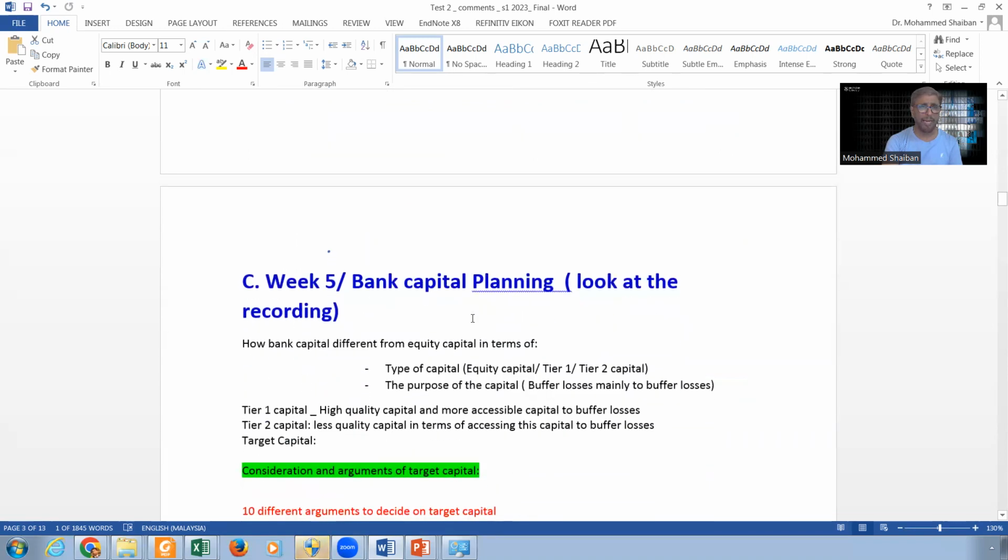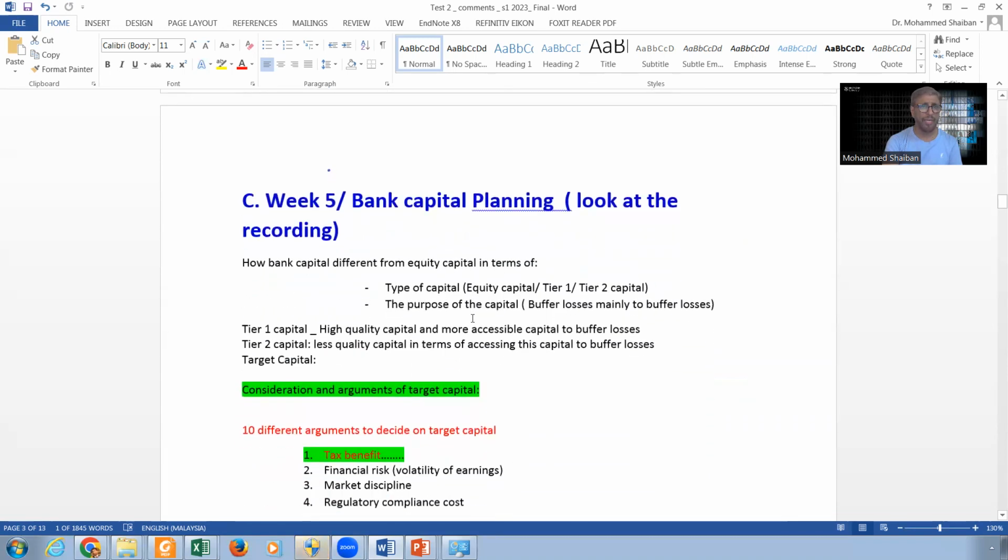Now, bank capital planning, which is week 5. We talked about bank capital planning, and actually we talked about the types of capital: tier 1 and tier 2. We talked about the purpose, and we said that tier 1 is high quality capital because you can access it more than tier 2, and it covers more risk per $1.